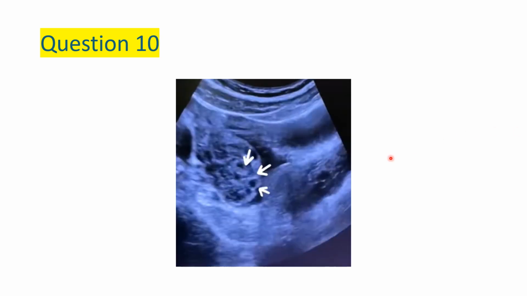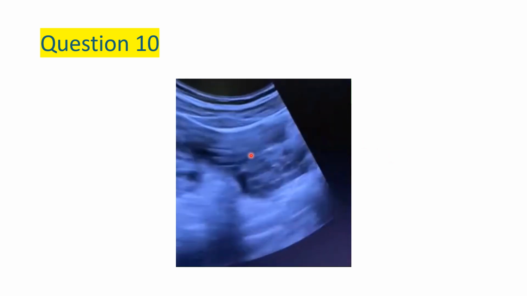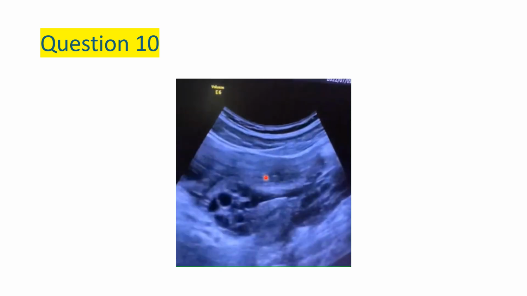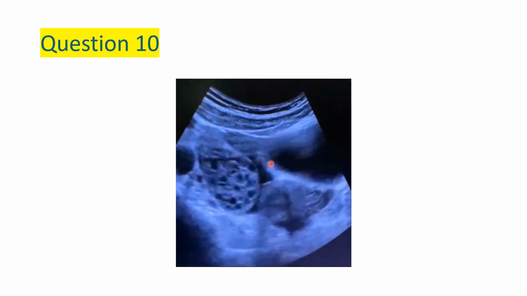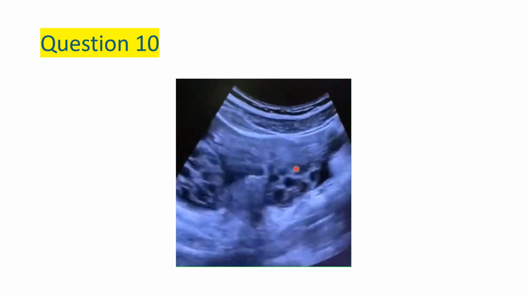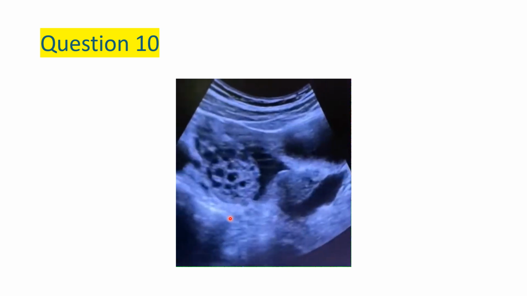So, ladies and gentlemen, now let's discuss our last question, which is question number 10. So, what we have here is the uterus, and you can see there is the grapevine appearance in bilateral ovaries, and there's some free fluid around the ovary like that. So, this morphology, ladies and gentlemen, is in keeping with ovarian torsion.